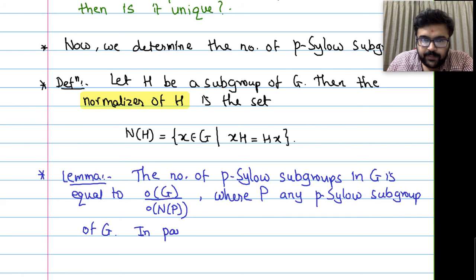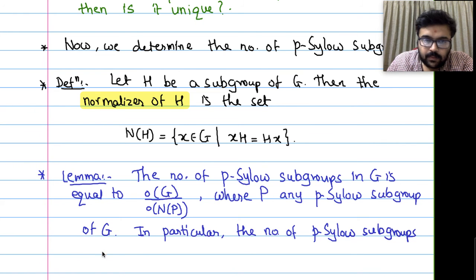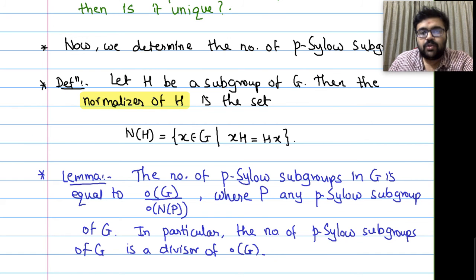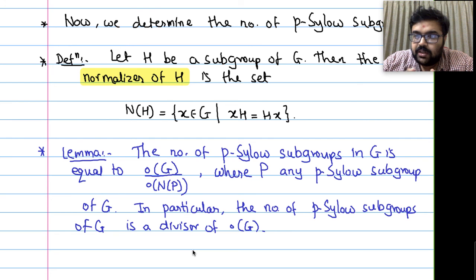So in particular, the number of p-Sylow subgroups of G is a divisor of the order of G. So what this result says, it gives the exact number of p-Sylow subgroups in G, which is very important. But unfortunately, we are not able to apply this in practical examples.